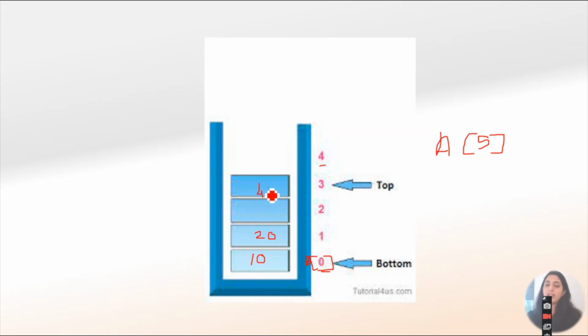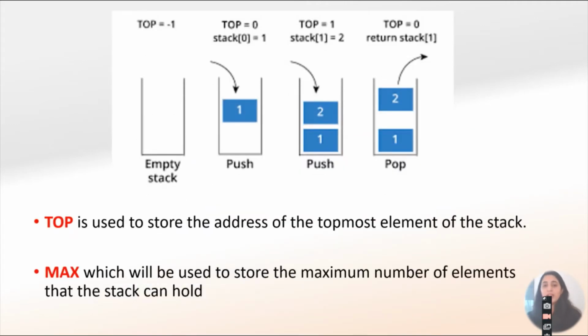So suppose I have an array filled with 4 values. So my stack top will be at location number 3, and that's why there is a top variable which I am maintaining. The top variable value is equal to 3 right now. Okay. So now this is one of the examples given here. Initially your stack is empty when your top is -1.